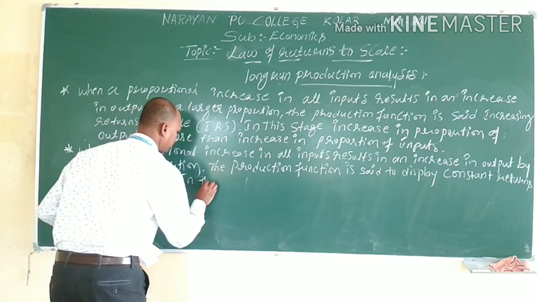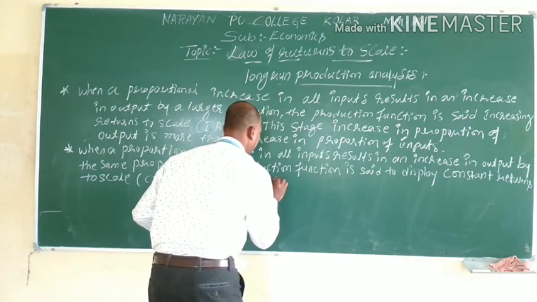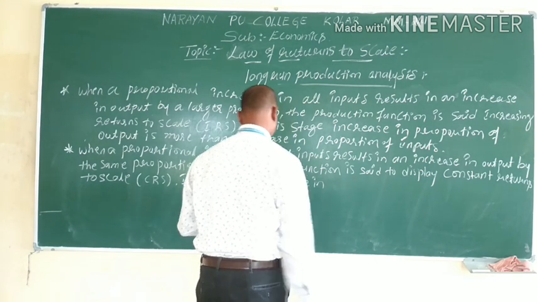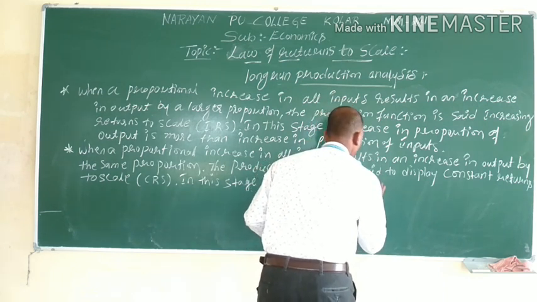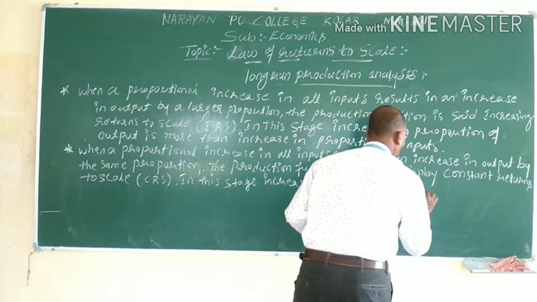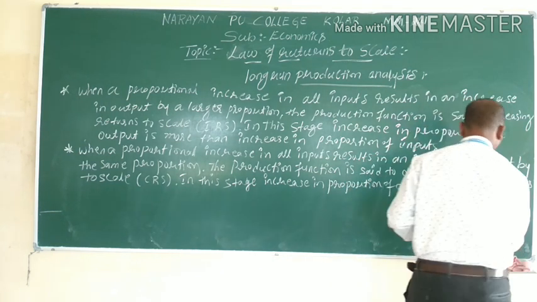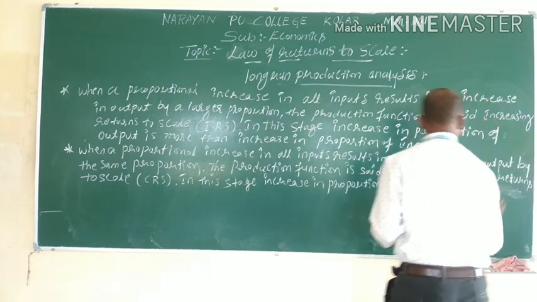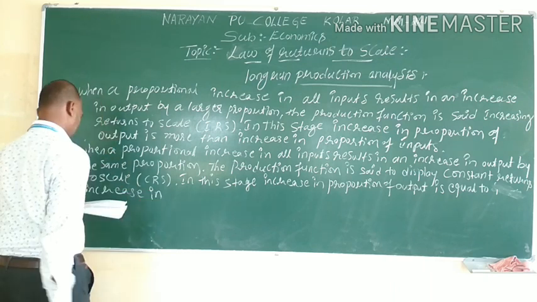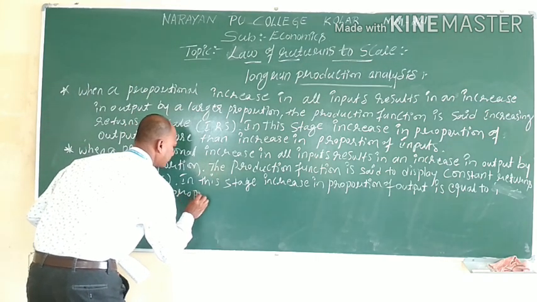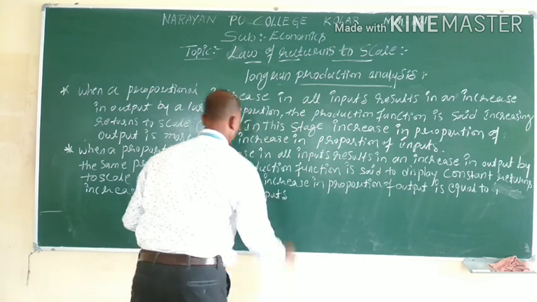In this stage, the increase in proportion of output is equal to the increase in proportion of inputs.